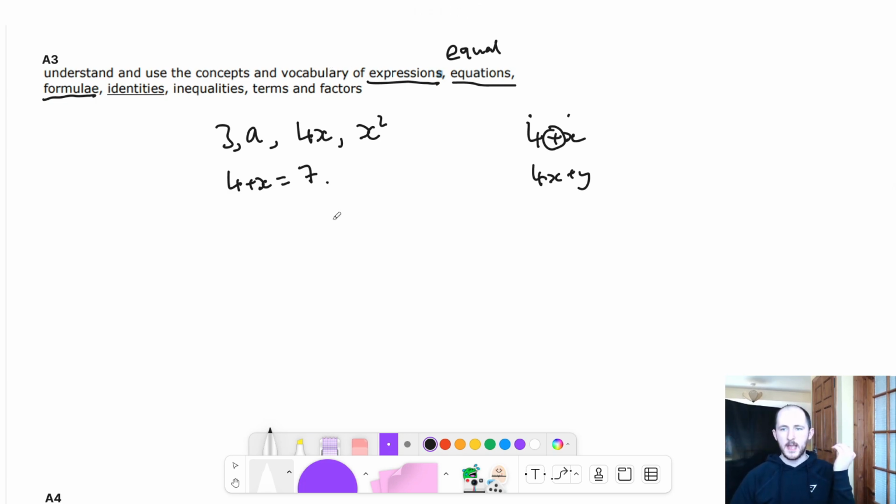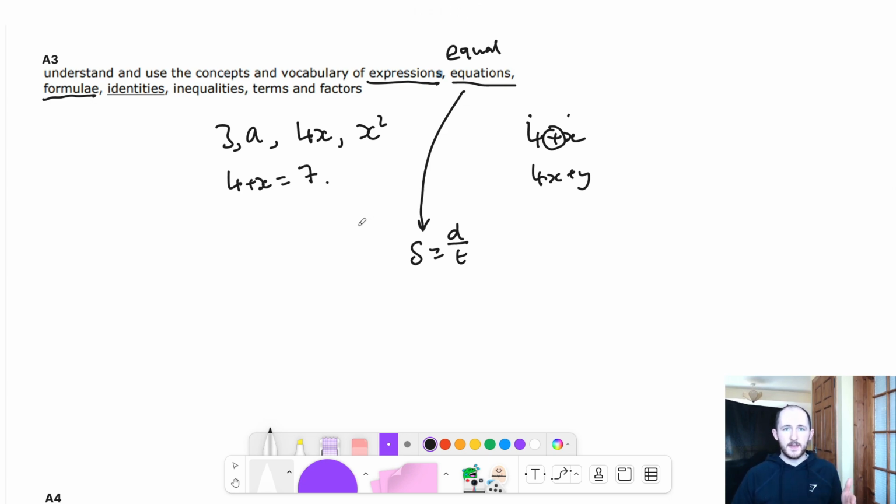So what I mean by that is, for example, the formula for speed is distance over time. Now this is also an equation, but the reason why we call it a formula is because it calculates speed, which is some quantity. So for example, area would also be an equation, a formula, and same with volume, density and things like that. So it's an equation always, but it's a formula if it specifically calculates something that's useful.